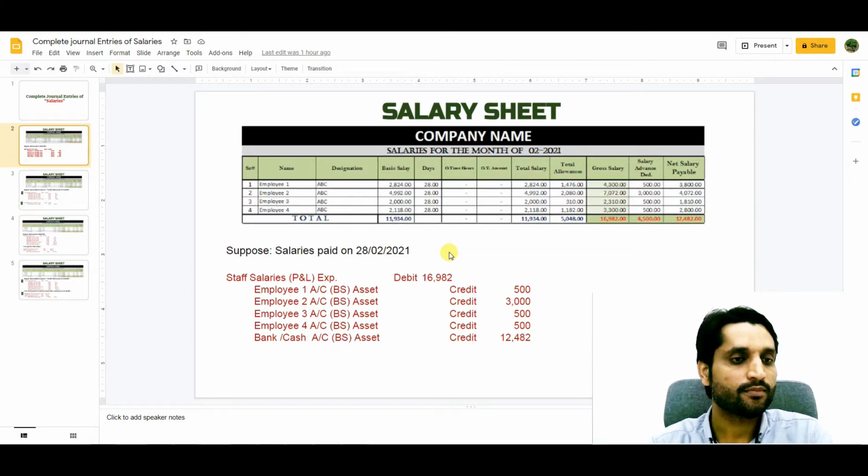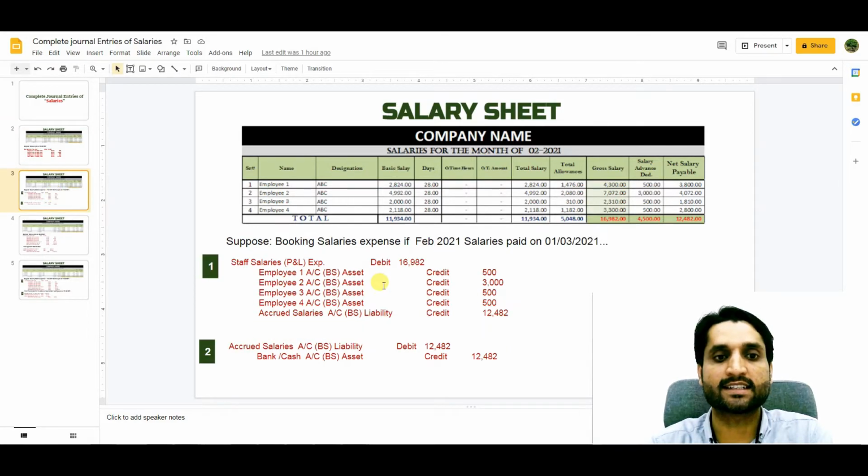Now let's move to the second scenario where the company is paying the February salary in March. Here accrual comes in, accrued salaries come here. Now we need to book the expense of February in the month of February because the employee worked in February, so the expense is related to that month.